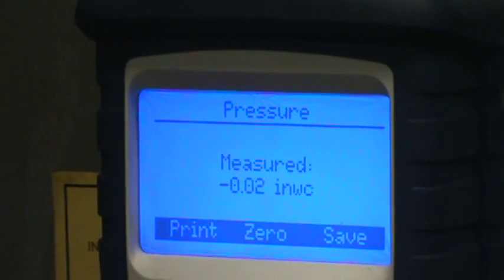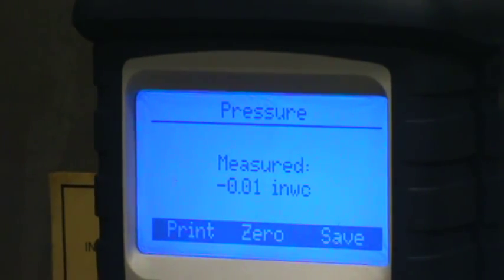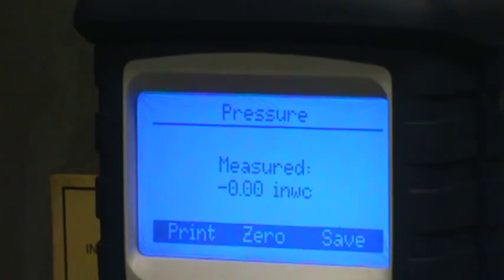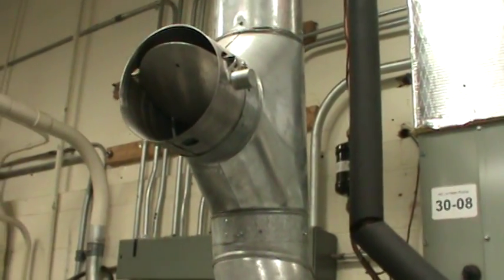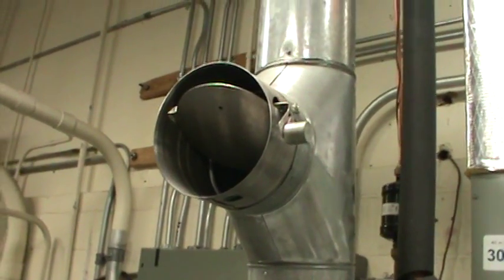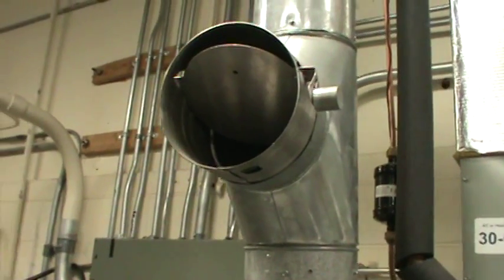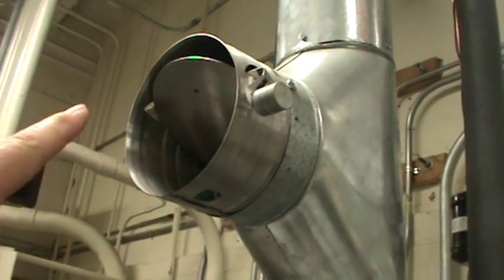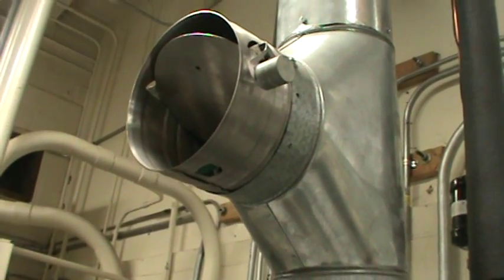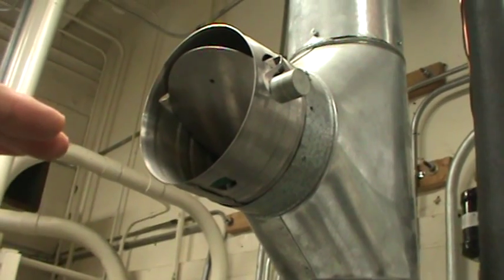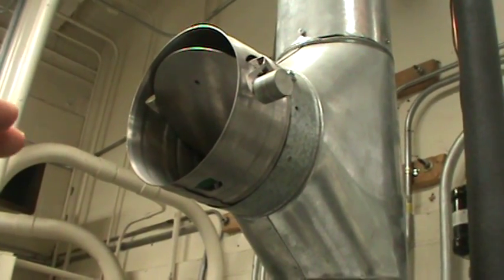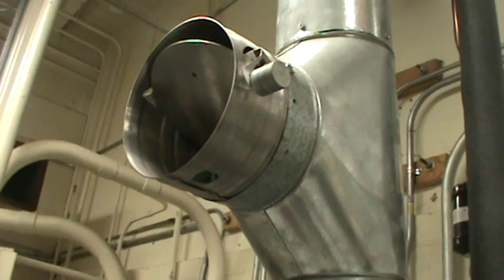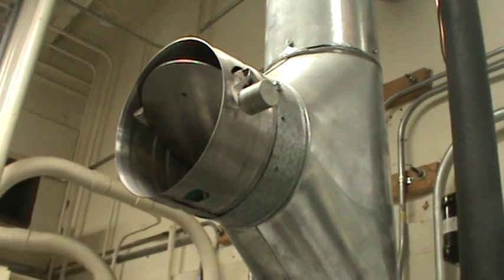The way we adjust the overfire to negative 0.02 is with the barometric draft regulator, which you can see right here. It's in the flue pipe, and there's a weight on the side. It's going to bring dilution air from inside the basement. If I start to get more draft, it's going to pull more air out of the basement rather than pull it through the appliance.